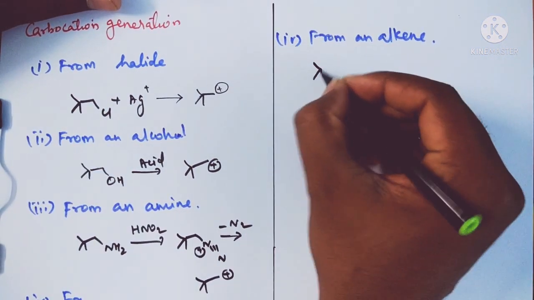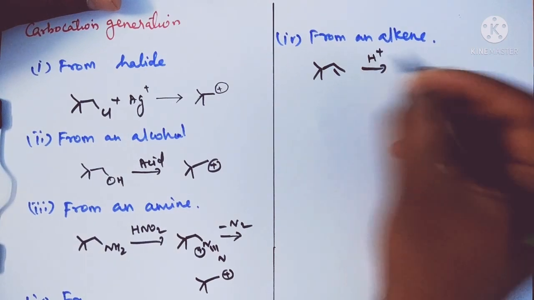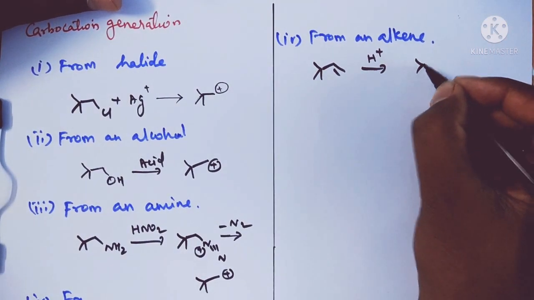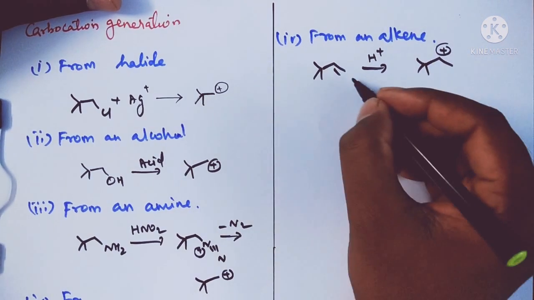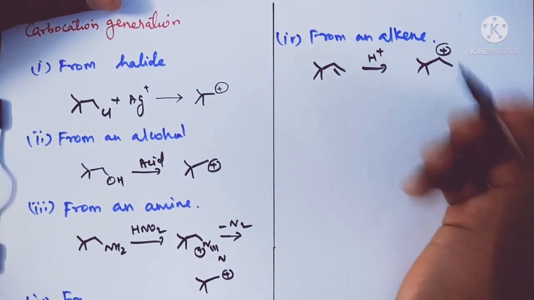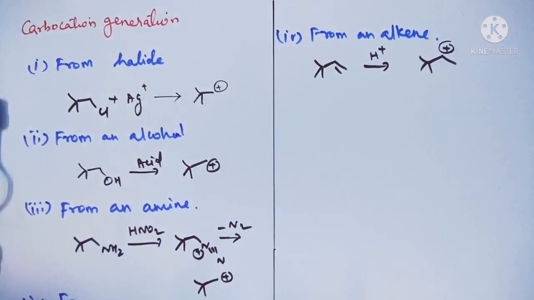If you react alkene with acid, you will get a secondary carbocation. Primary cation is less stable compared to secondary cation, that's why it forms the secondary carbocation.